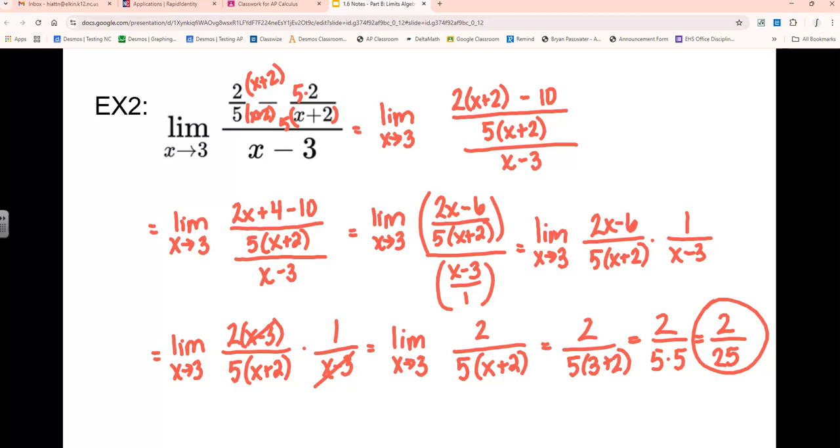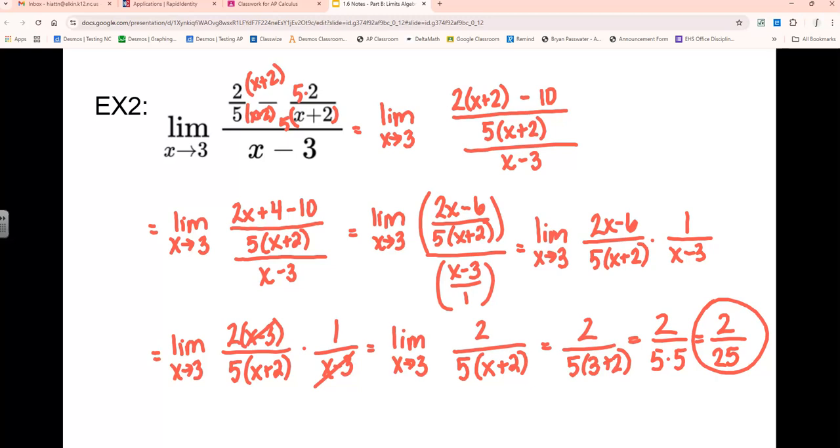So I'm getting this. And right here is where a lot of people were starting to fall apart because nothing cancels. But x minus 3 and 2x minus 6 are related, right? If I double this, I would get this. So I can factor out a 2 right here.